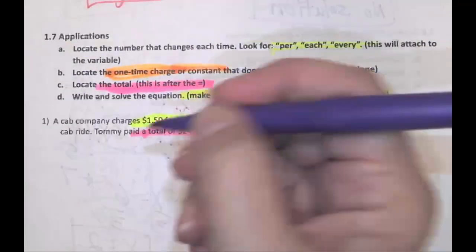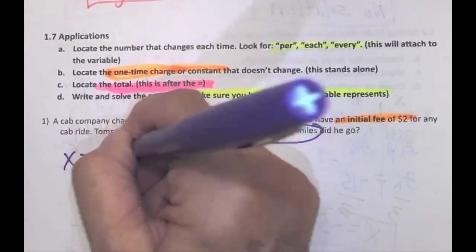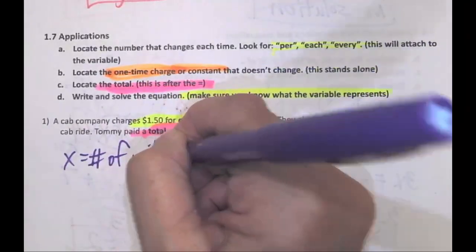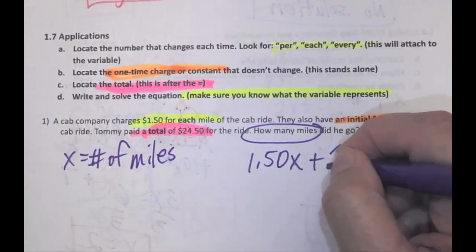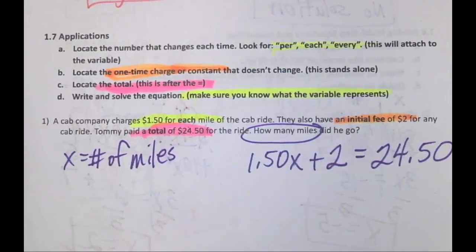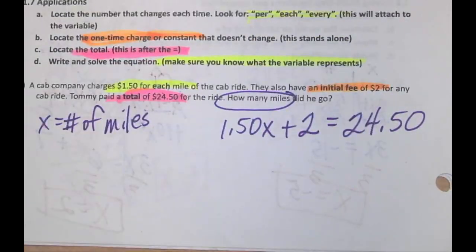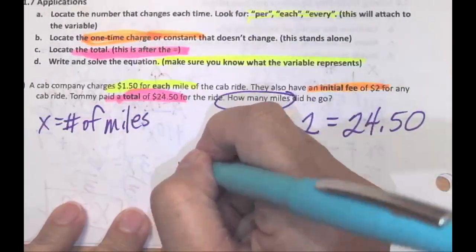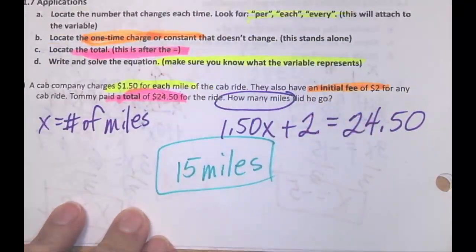Okay, what is x? What do I want to know? The number of miles. Well, he paid $1.50 for each mile plus the $2 charge they started with, and he paid a total of $24.50. So now we just have a two-step equation. We subtract the 2, we divide by 1.50, and Tommy's cab ride was 15 miles.